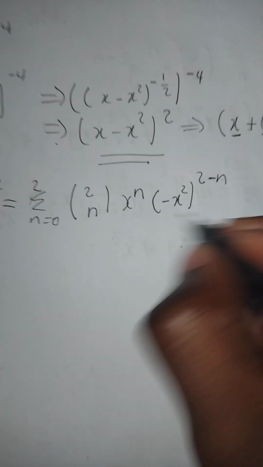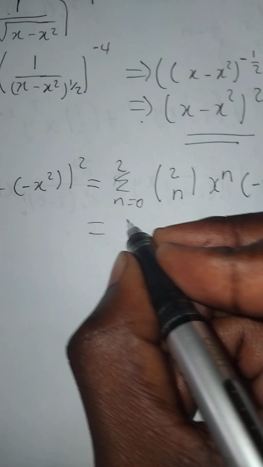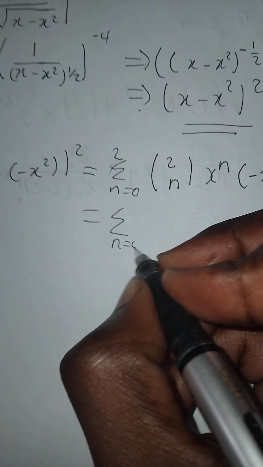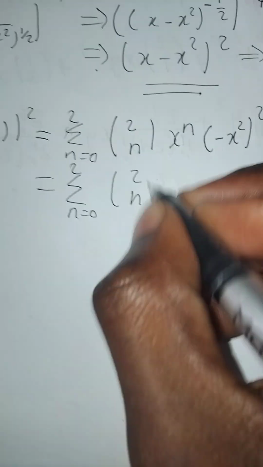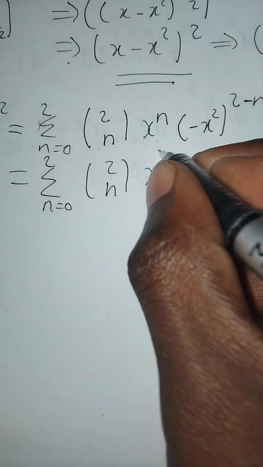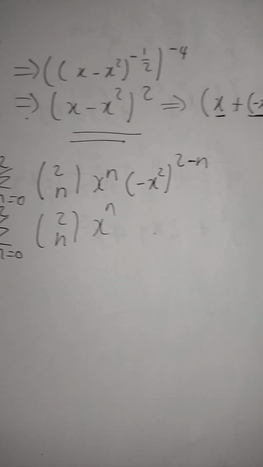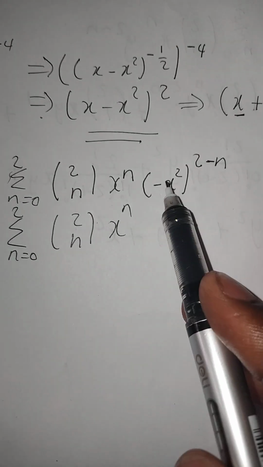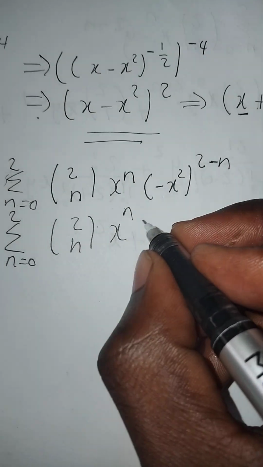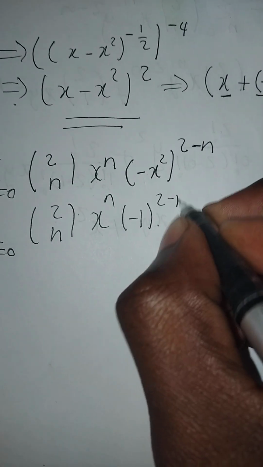Okay, so now I can manipulate the series that I have here. It's n equals 0 up to 2, then 2 choose n, then x to the power n. What I can do from here is take out this negative. That is the same as having negative 1 to the power 2 minus n.